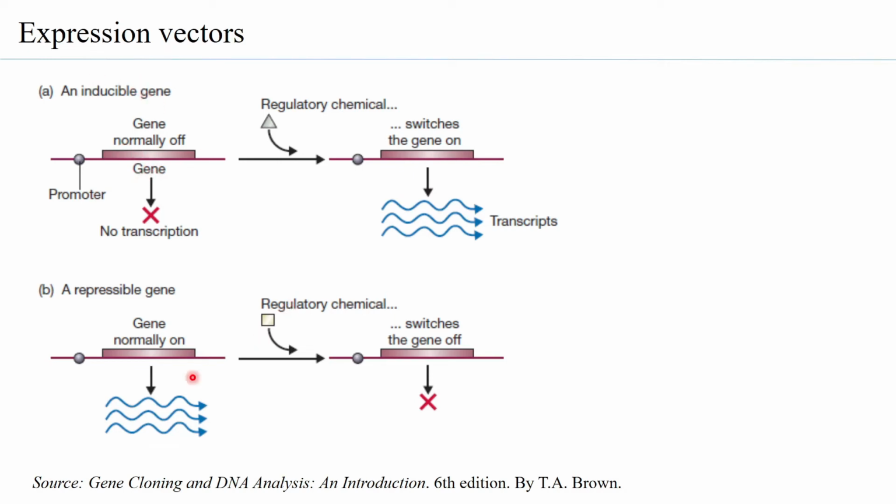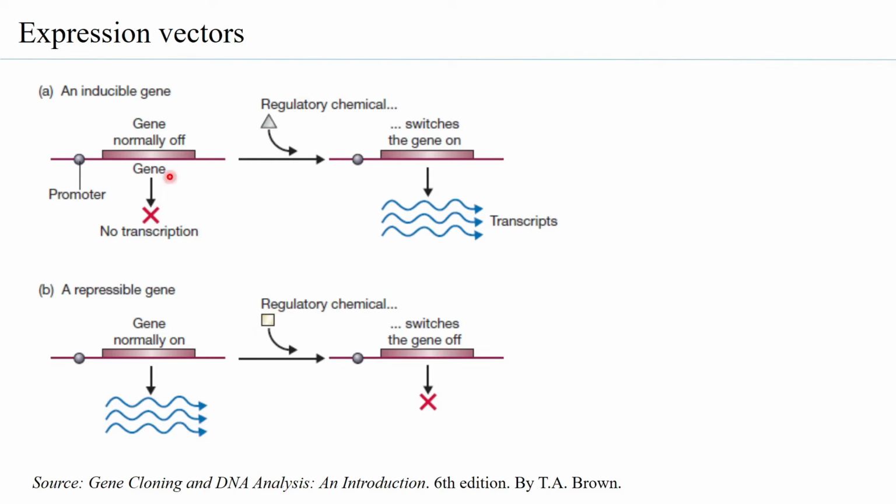On the other hand, you may also have a repressible gene. A repressible gene is such that it is normally switched on, that is, it is continuously getting transcribed. But in the presence of a regulatory chemical, the regulatory chemical can switch off the transcription. So this is a repressible gene.